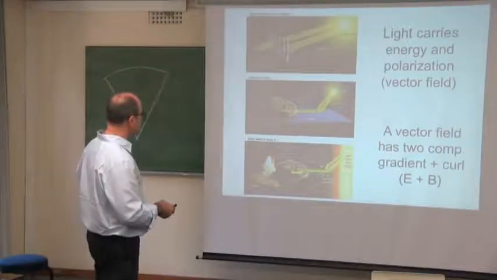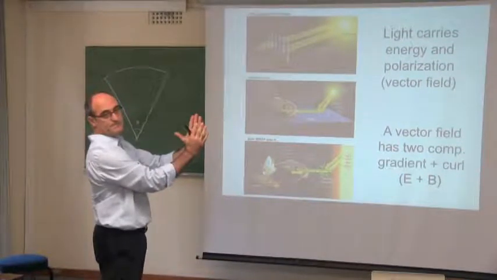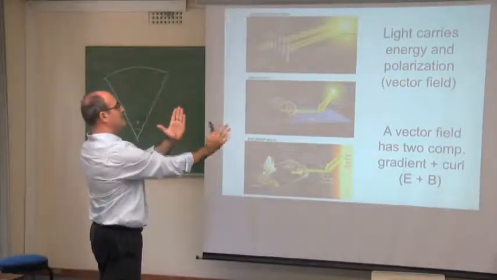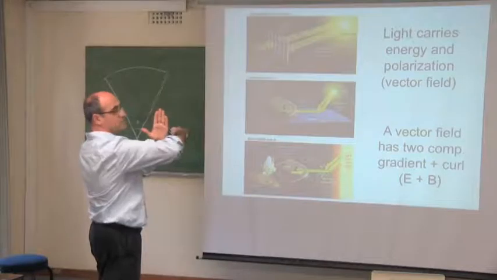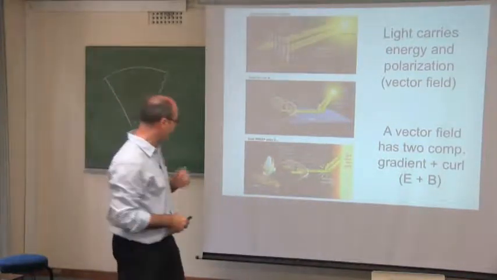To measure it, you put a polarimeter and determine whether light is linearly polarized in this direction or this direction by seeing the amount of photons that go across the polarimeter.